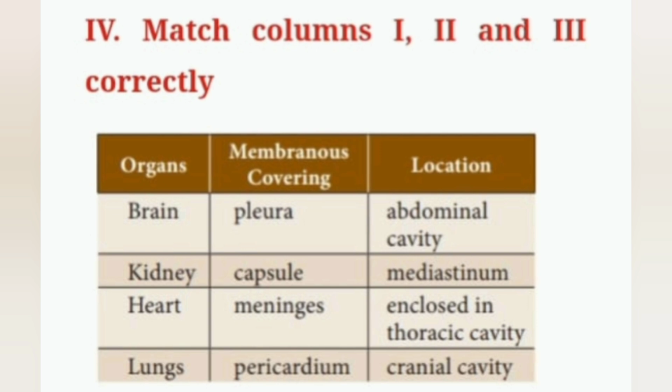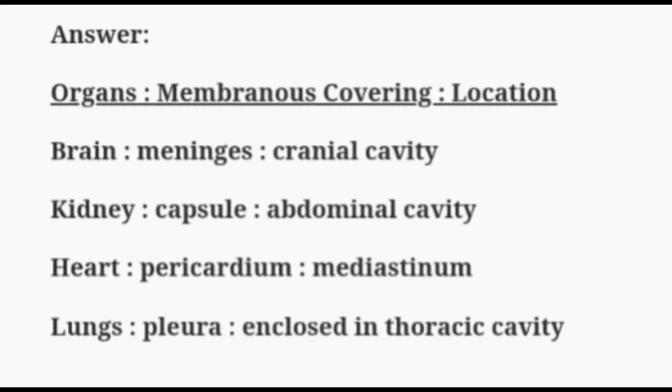Roman letter 4, match the columns, first, second and third correctly. Answers: organ, membranous covering, location. First one, brain, meninges, cranial cavity. Kidney, capsule, abdominal cavity. Heart, pericardium, mediastinum. Lungs, pleura, enclosed in thoracic cavity.